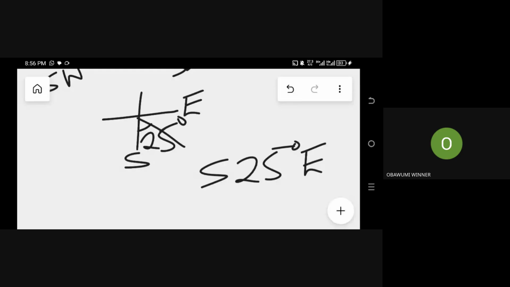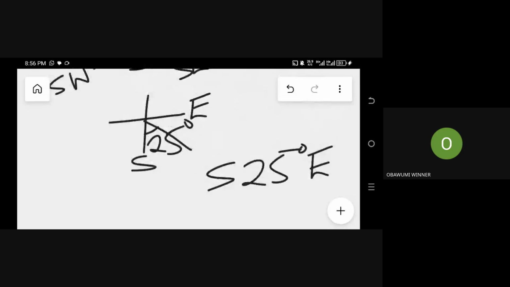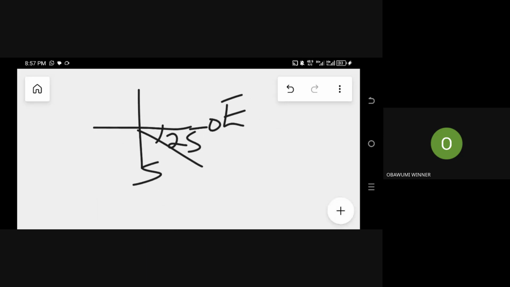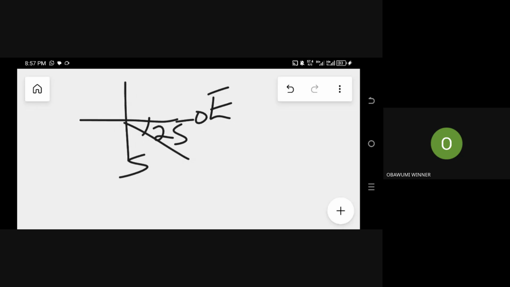But if we change this question into something like this, let the 25 degrees be here instead. We do know that this is east and this is south. In this case, we can't say the compass bearing is south 25 degrees east.